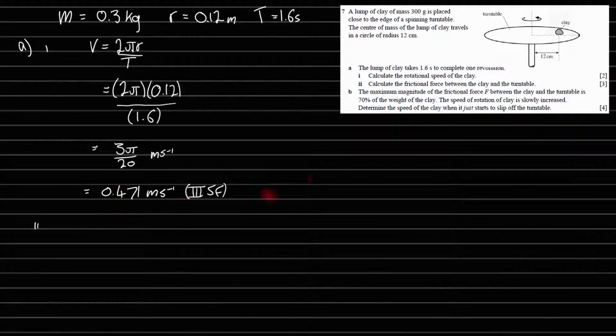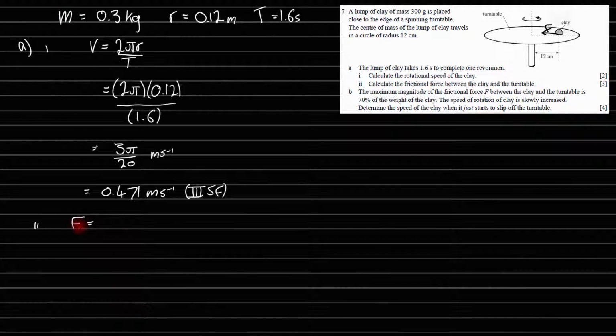Well, the frictional force between the clay and the turntable would be providing the centripetal force acting inwards. And this is because the table is flat, gravity isn't coming into play, it's just going around. And so we know an equation for centripetal force to be F equals, well, thinking about this, we have a velocity, we have a radius and a mass.